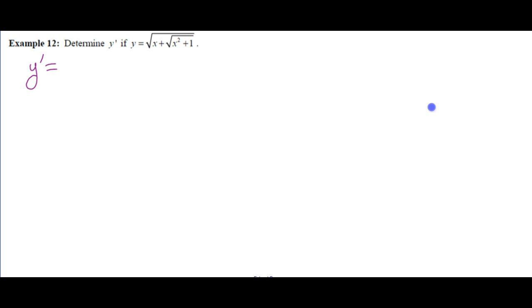All right, so what do we got? I guess maybe what we should do is rewrite this, right? So x plus x squared plus 1 to the half, all to the half. So what's the outer function?